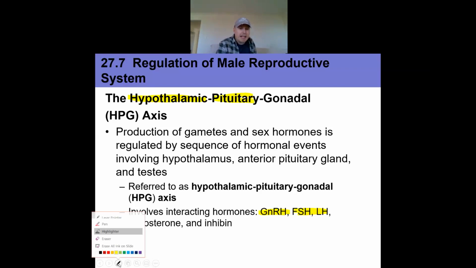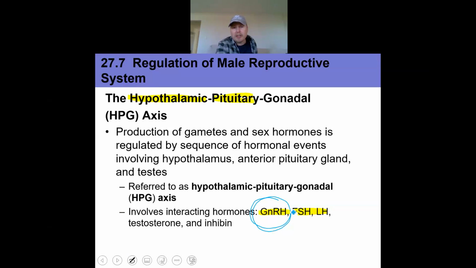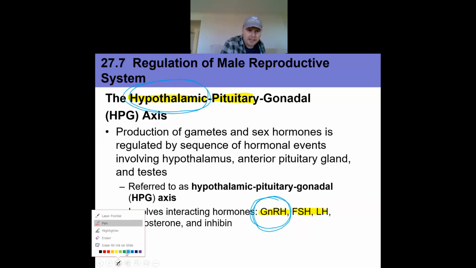And we're not going to spend as much time on those for the males because these are going to be really, really important in females. But I did want to mention them, just for the sake of clarity, so I'm circling that gonadotropin releasing hormone from our hypothalamus, and from our pituitary gland, follicle stimulating hormone and luteinizing hormone.